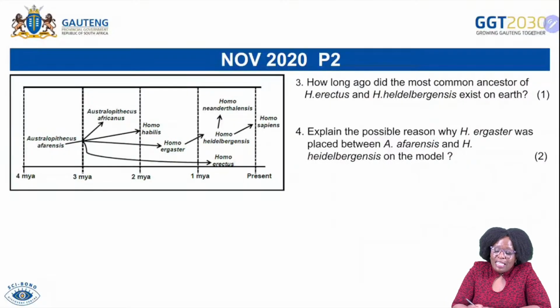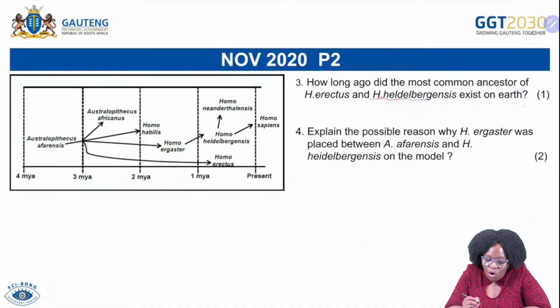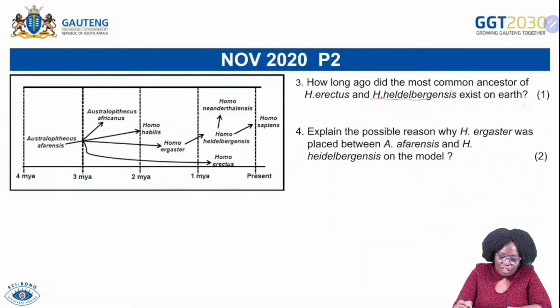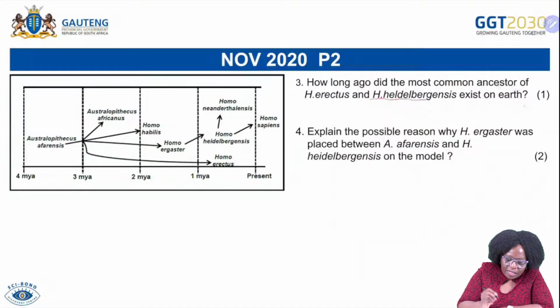How long ago did the most common ancestor of Homo erectus and Homo heidelbergensis exist on Earth? How long ago? You need to check the common ancestry. So you come to the table here and you are going to look at this tree. We are tracing Homo erectus.